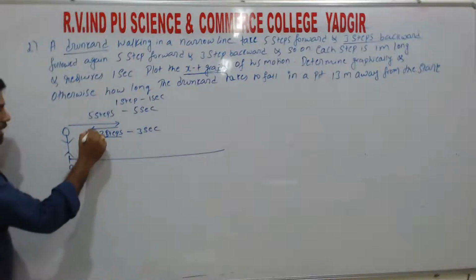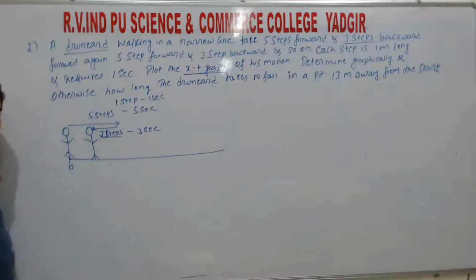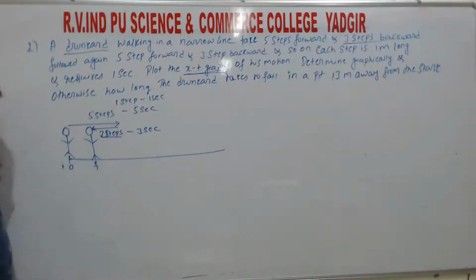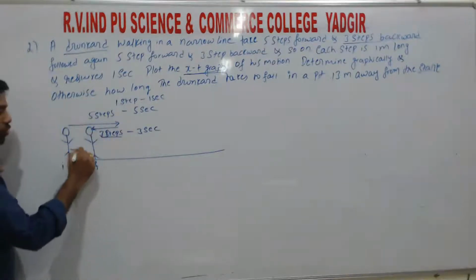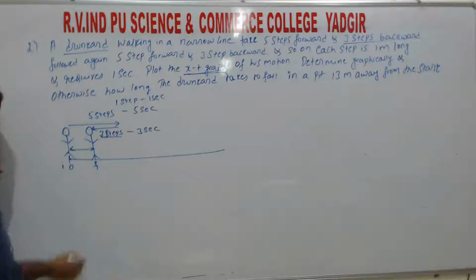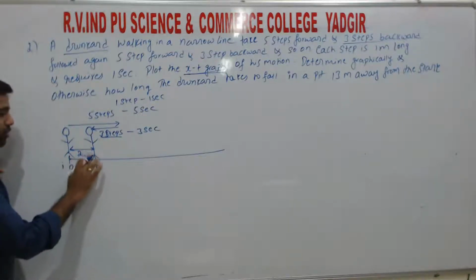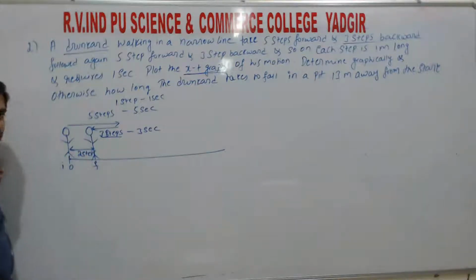So his final point is here, right? The initial point is here, the final point is here, 5 steps and 3 steps. So the total displacement by the drunkard is 2 steps, or 2 meters. Here they gave it in terms of steps, 2 steps, right?